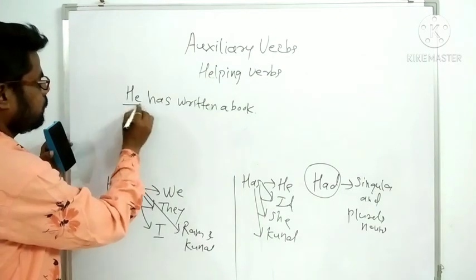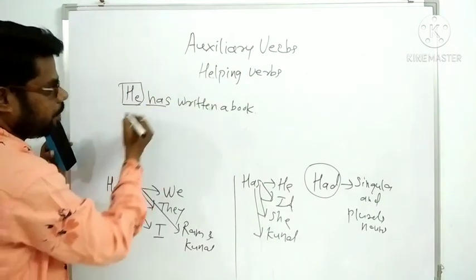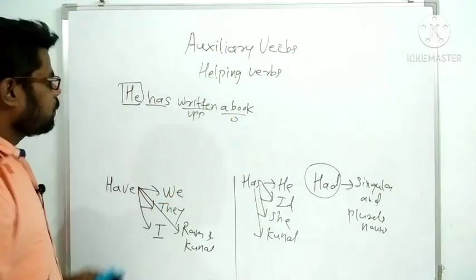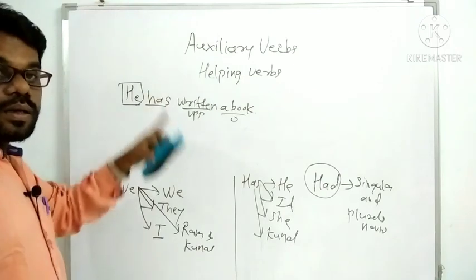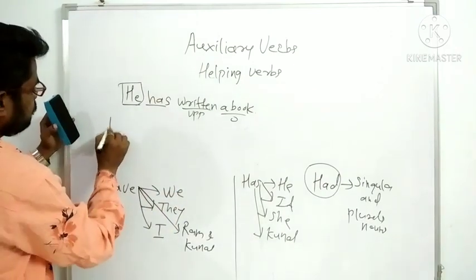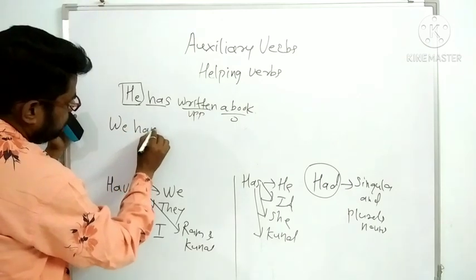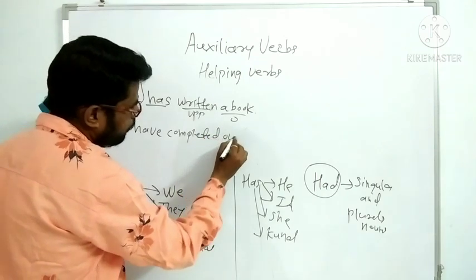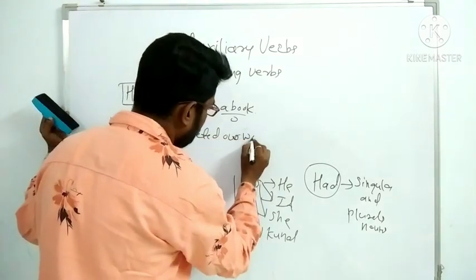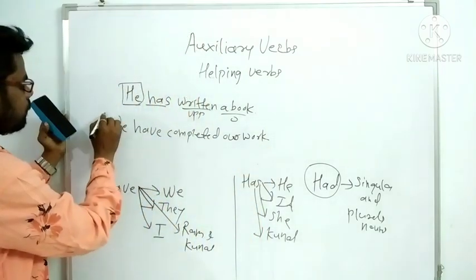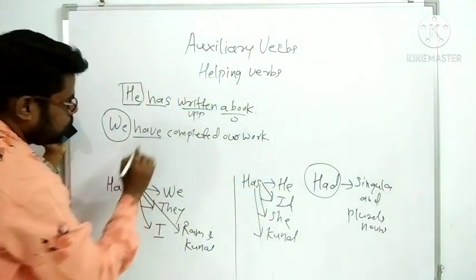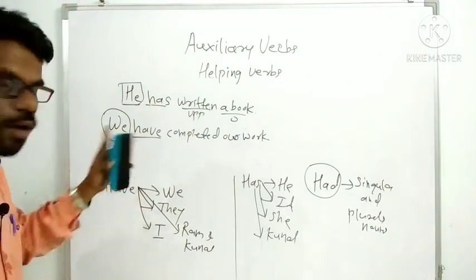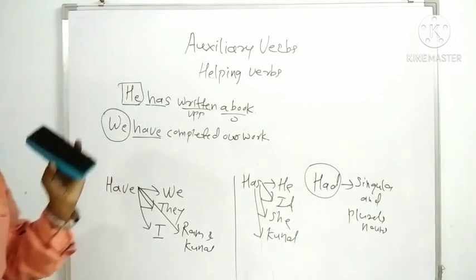See, singular subject, helping verb has, V-P-P, then object. So has as a helping verb. And then see, we have completed our work. We have completed our work. See here, plural, so we use have. Singular noun has, plural noun have. Okay, so as a helping verb.